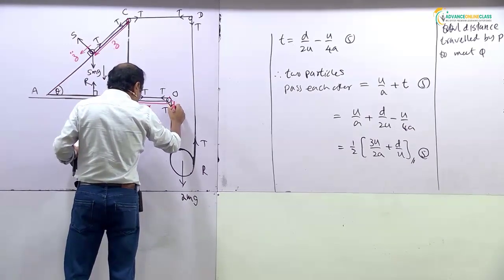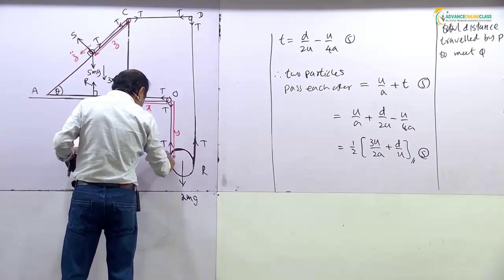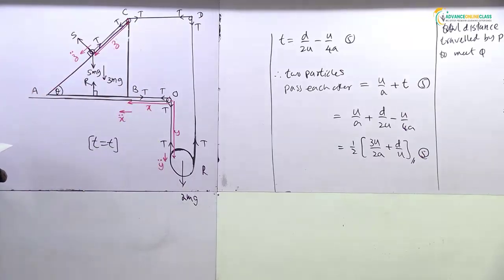Take this length as y, acceleration is y double dot. This way, we have to measure the distances. Then accelerations are like this.